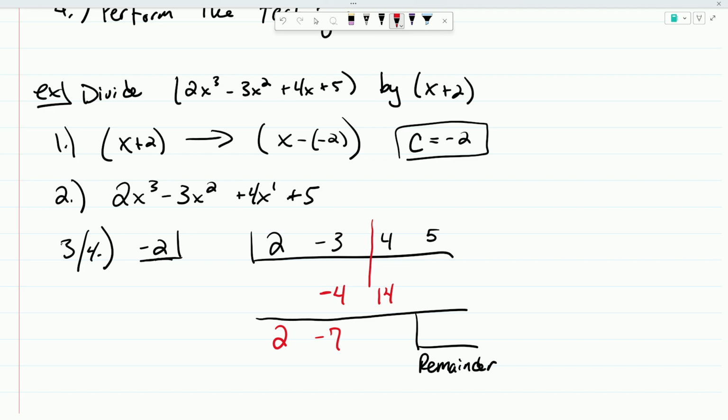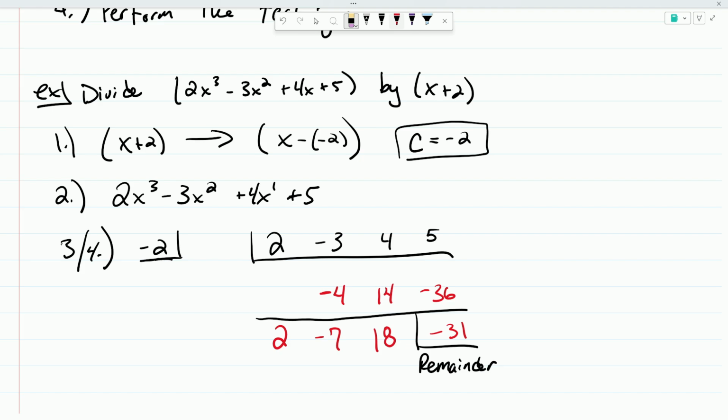Then we're going to come straight down. We're going to add. That's going to give me 18. Process repeats over again. Negative 2 times 18 is negative 36. And 5 plus negative 36, coming straight down, we're going to add, is negative 31.